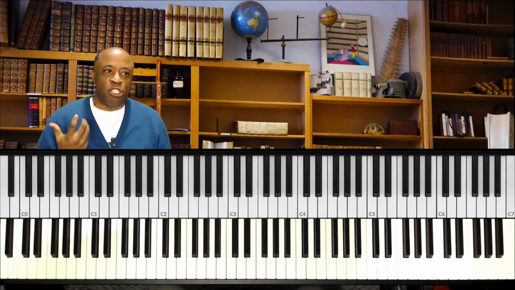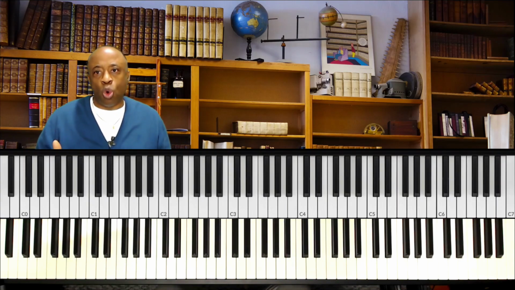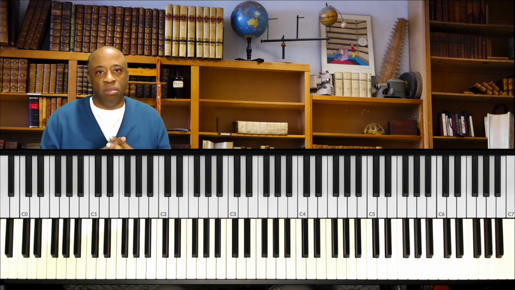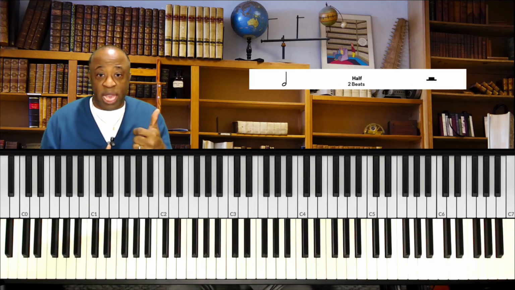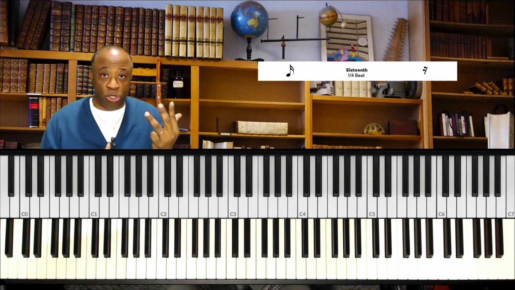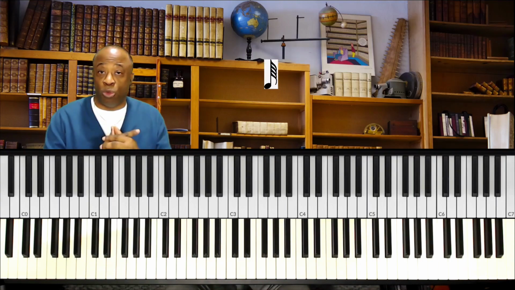So now let me explain to you what a note is. A note is what we call a figure of notes. We have 7 figures of notes: quarter note, half note, whole note, 8th note, 16th note, 32nd note, and 64th note.